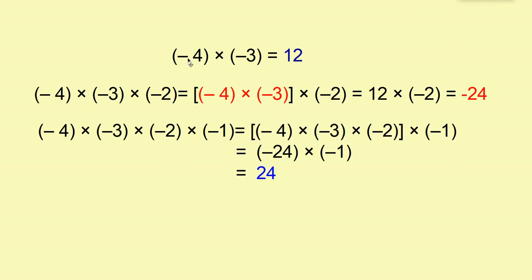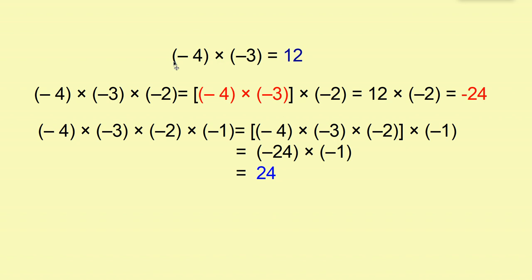Here you can see when we multiply two negative numbers, you are getting positive. The second, three numbers, you are getting answer negative. If you are multiplying four numbers, you are getting positive. And if we multiply five numbers, what will you get? Yes, it will be negative.